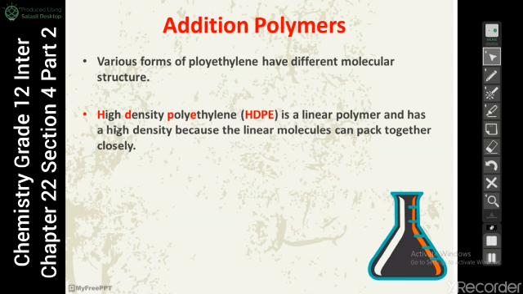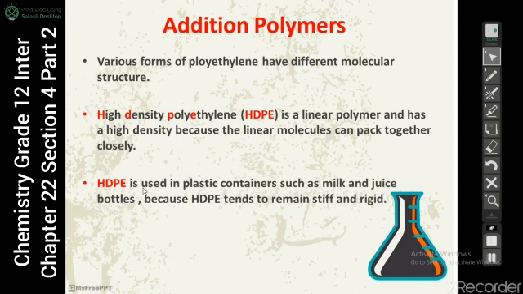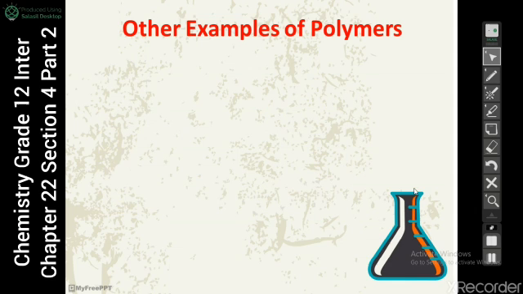So it's called high density polyethylene, HDPE. HDPE is used in plastic containers, such as milk and juice bottles. The milk bottle or the juice bottles we see every day are made of HDPE because it has a high density, so it tends to remain stiff and rigid, so we can put liquids inside.